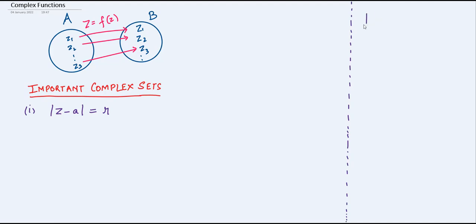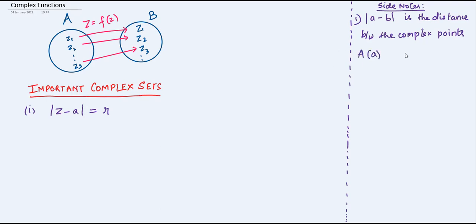Now, mod of A minus B is the distance between the complex points A and B.